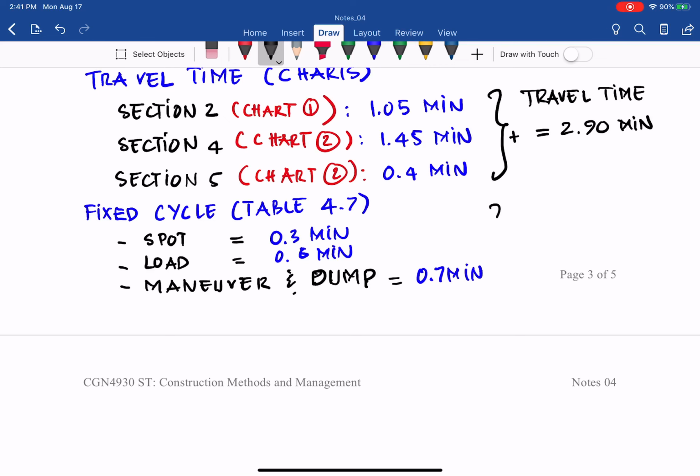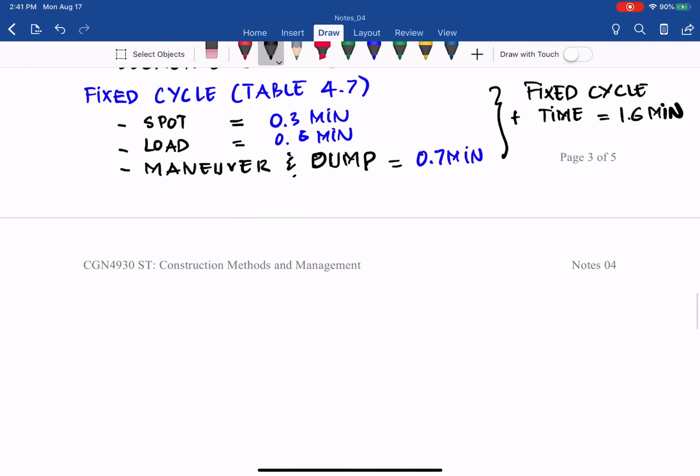So from that we have the fixed time, to be short, 1.6 minutes, which is 0.3 plus 0.6 plus 0.7.